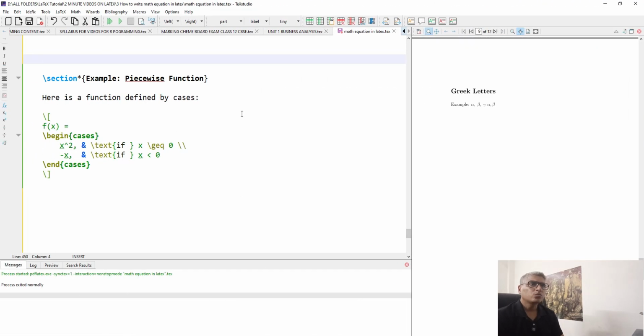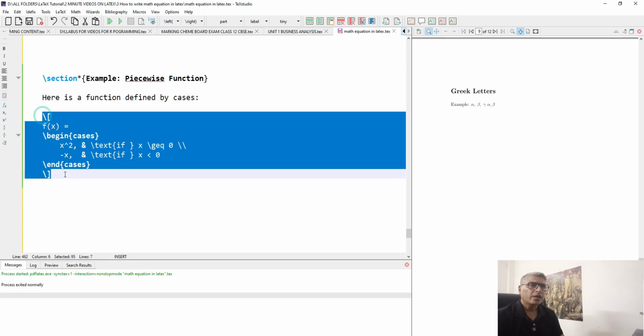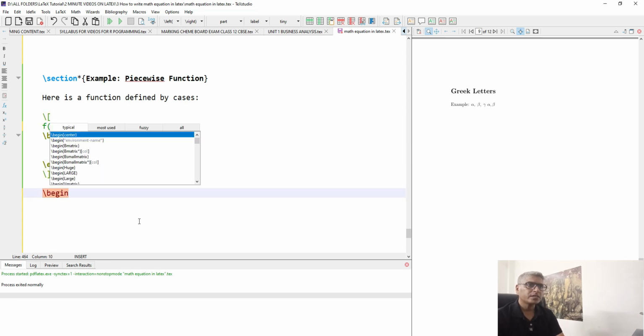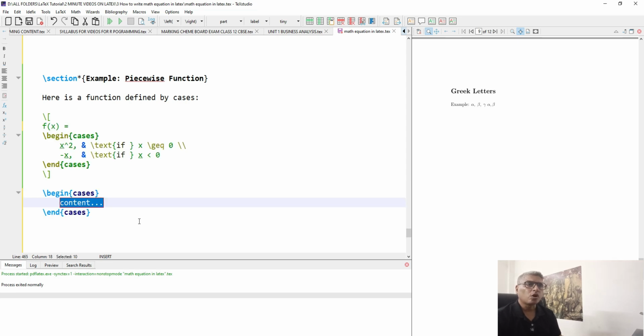Now let's understand how to write a piecewise function, which is also called conditional equations, conditional functions. So here is a function defined by cases. This is the mathematical mode again. f(x) equals to. So here we have to write begin cases and end cases. So once you write here slash begin cases, in TeXstudio it is going to give you an option here.